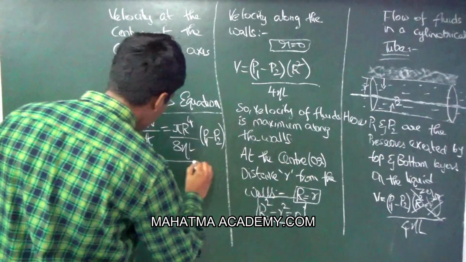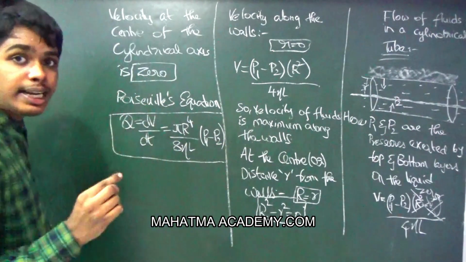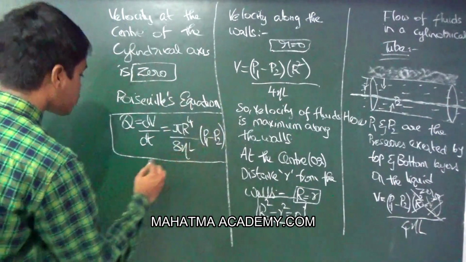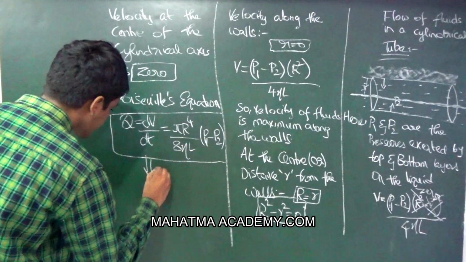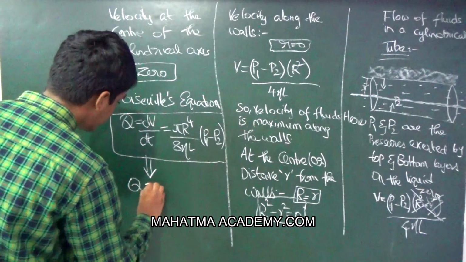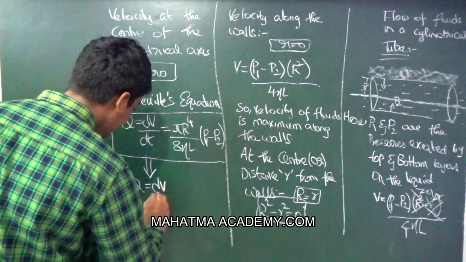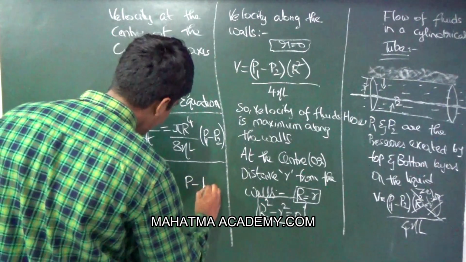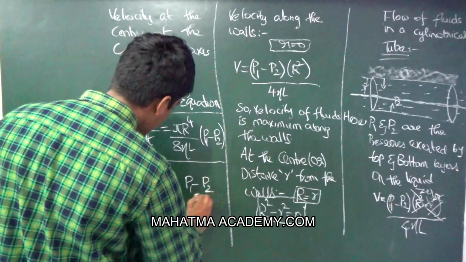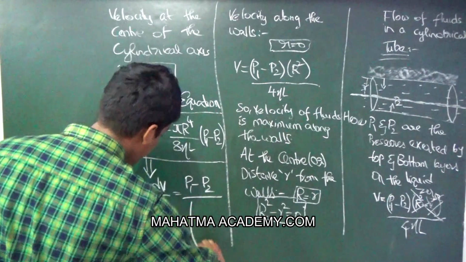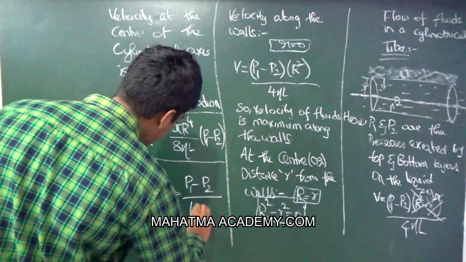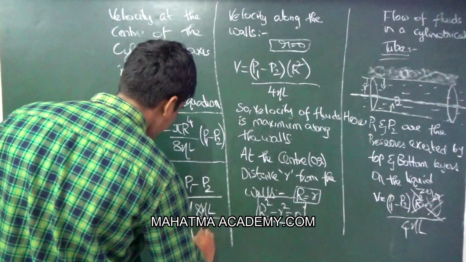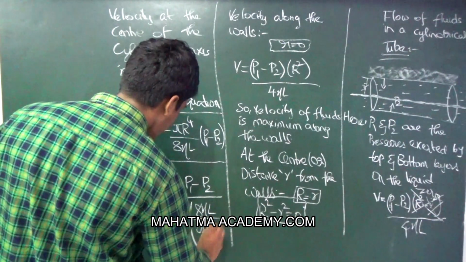Now we will derive a simple equation from this also. Q is equal to dV by dt is equal to P1 minus P2, and we will take a big bracket with 8 eta L upon pi r to the power of 4.